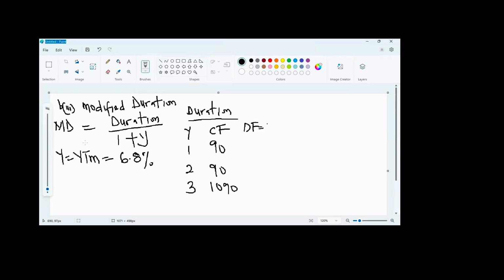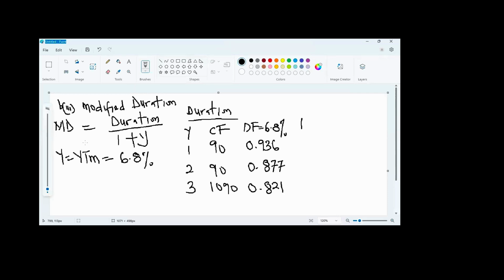My discount rate is the YTM, 6.8%. Please give us the discount factor for year 1, year 2, year 3 at 6.8%. Year 1, 0.936. Year 2, 0.877. Year 3, 0.821. Thank you.